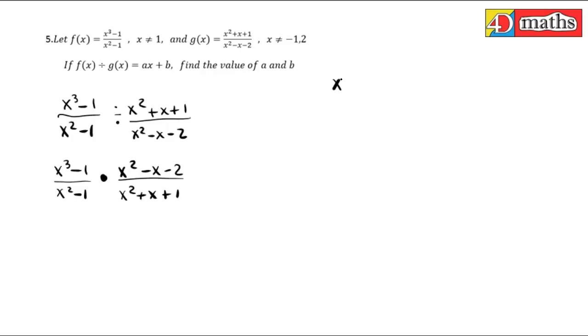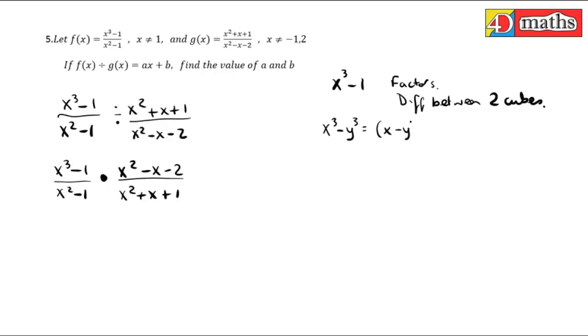So I'm going to look at the x cubed minus 1. I want to factorize that. This is called the difference between two cubes. The difference between two cubes is x cubed minus y cubed, and the formula is x minus y, x squared plus xy plus y squared.